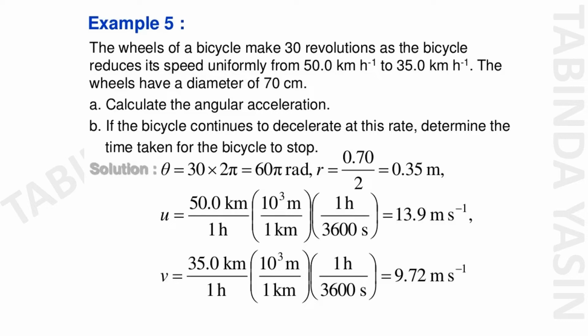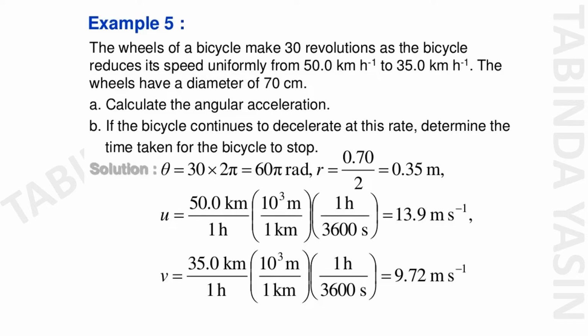So we have theta is equal to 30 into 2 pi, that gives 60 pi radians, and the radius is 0.70 over 2, since 0.70 is the diameter, so that gives 0.35 meter. u is equal to 50 kilometers over 1 hour into 10 to the power 3 meters over 1 kilometer into 1 hour over 3600 seconds, that gives 13.9 meters per second.